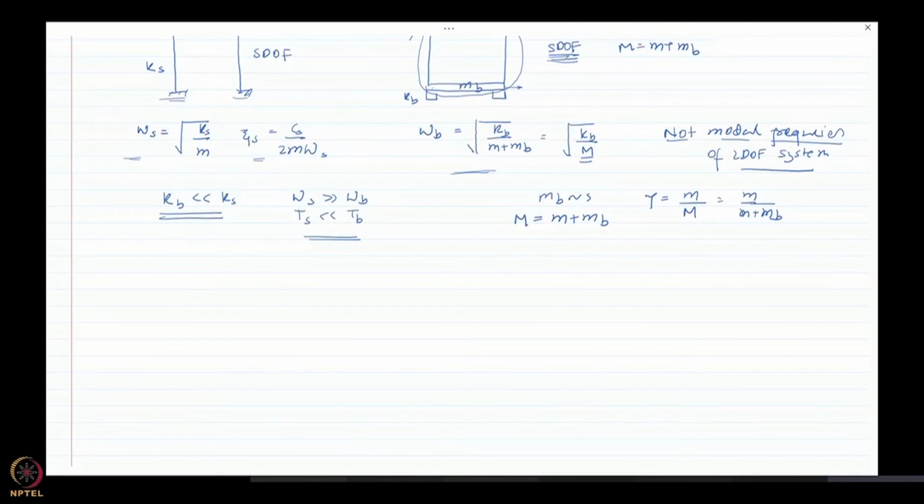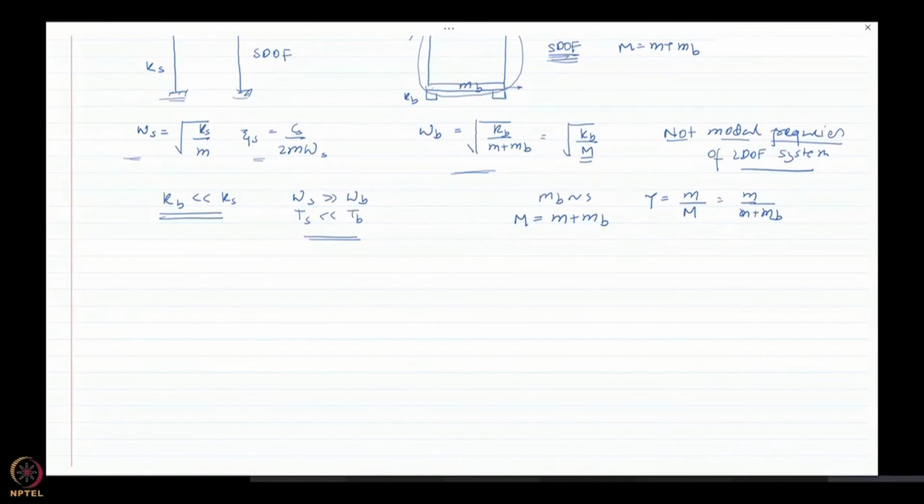That's why I'm able to make this assertion, assuming that masses are almost of the same order, but stiffnesses are much smaller. Imagine a superstructure, unless it's a very flexible, very tall steel building with a time period above 1 second, the typical time period is less than 0.5 second, or let us say 0.6 second. And the base isolated time period is typically above 2 seconds.